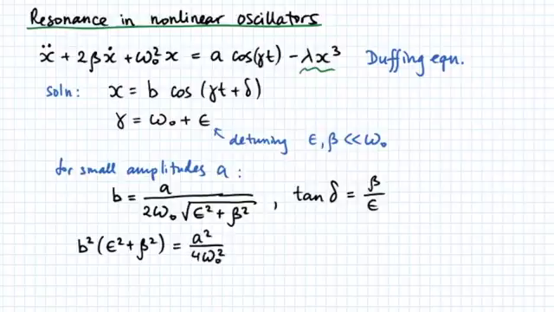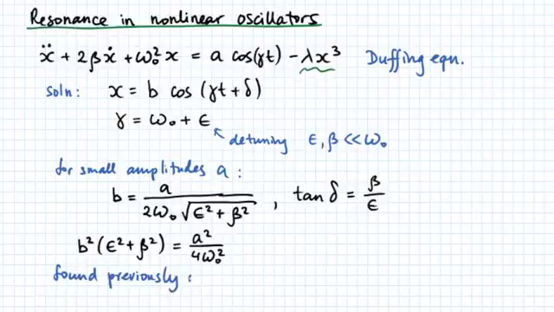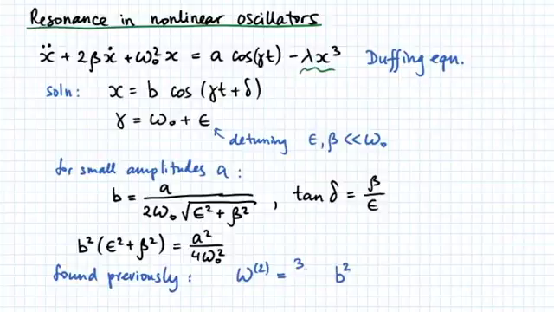Previously we found that for a nonlinear oscillator, in particular with a cubic term, the shift in frequency, where the amplitude of oscillations is now given by B, is proportional to B squared, given by 3 lambda, the coefficient of nonlinearity, divided by 8 omega naught.